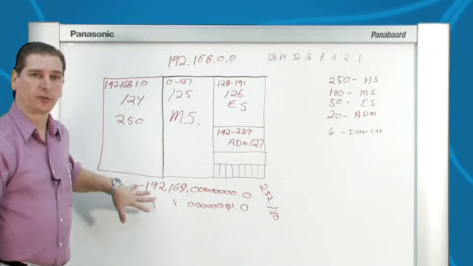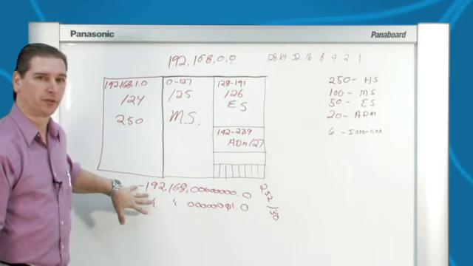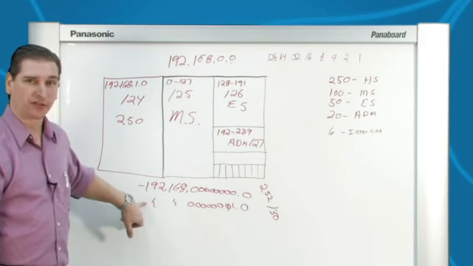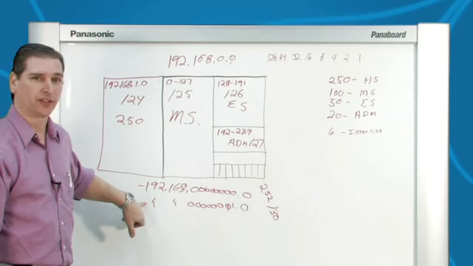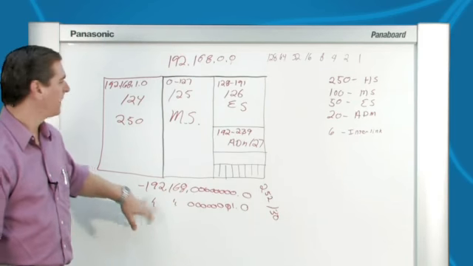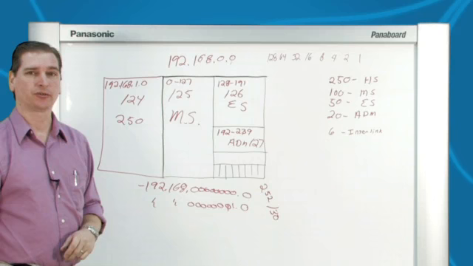This was our starting space, 192.168.0.0. This was our added in space, 192.168.1.0. We now have our entire corporation represented.